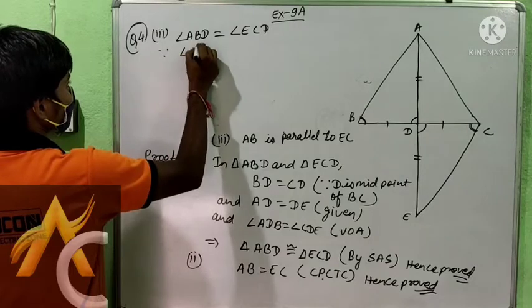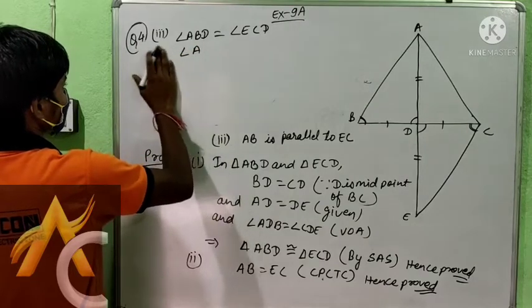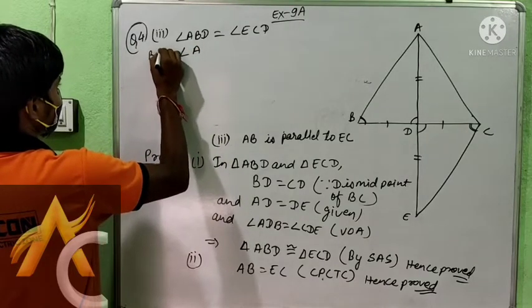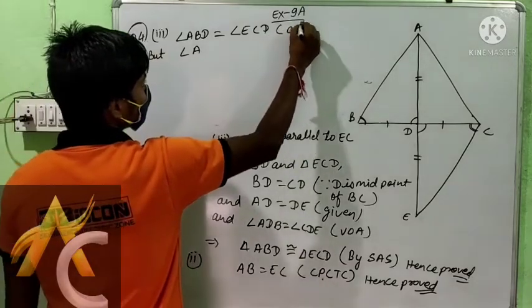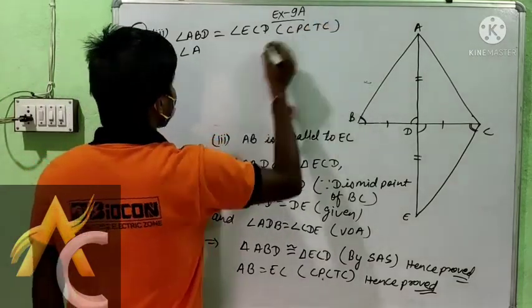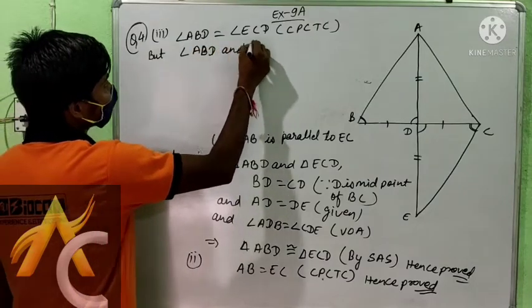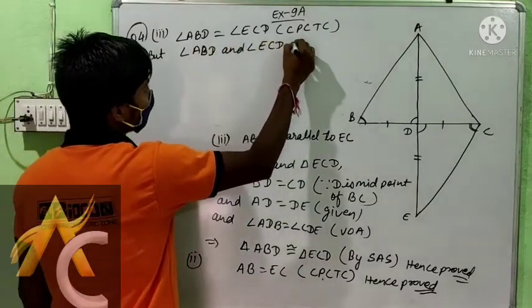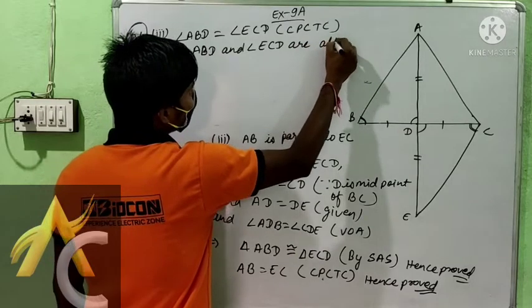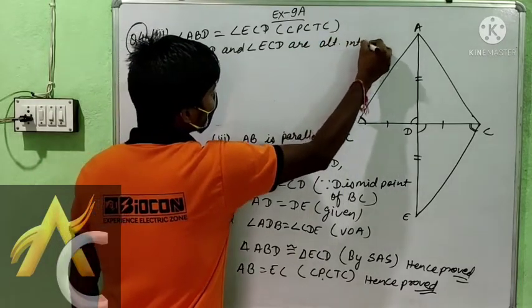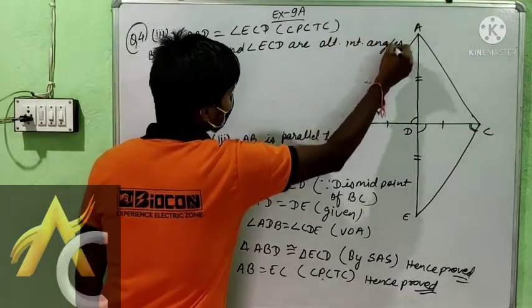So since this is CPCTC, angle ABD and angle ECD are alternate interior angles.